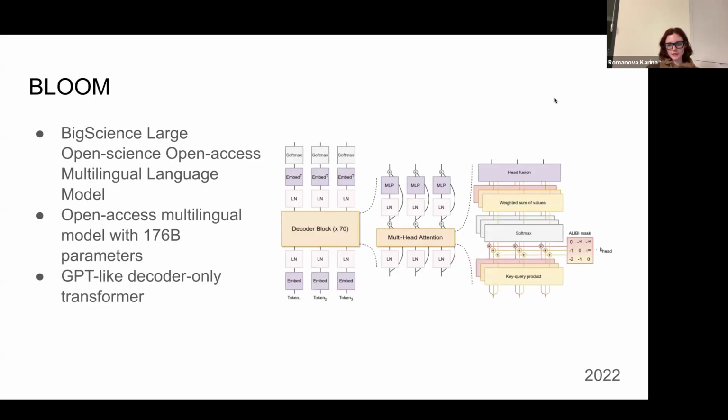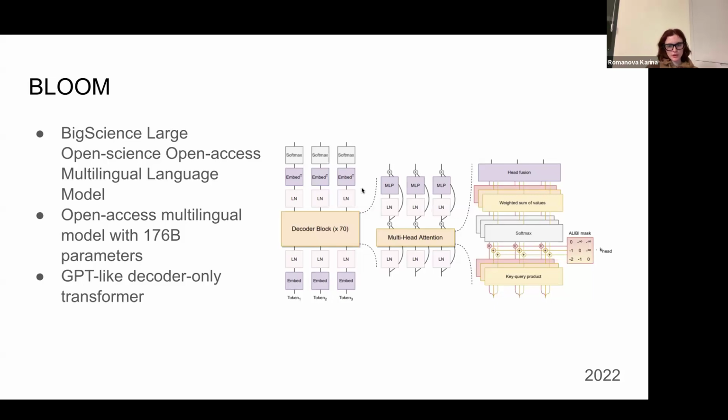Let's talk about the second step, involving new tasks, how people developed something new, and how these new things evolved into the wide range of tasks which large language models can do right now.